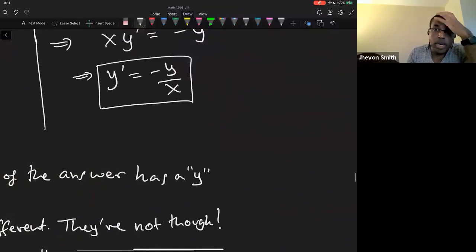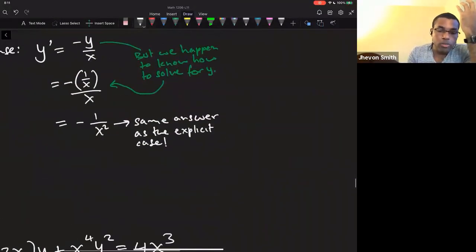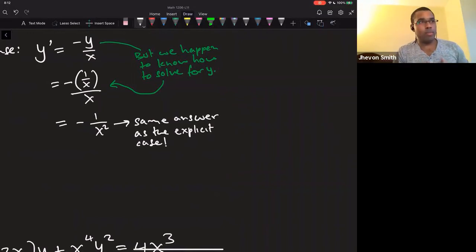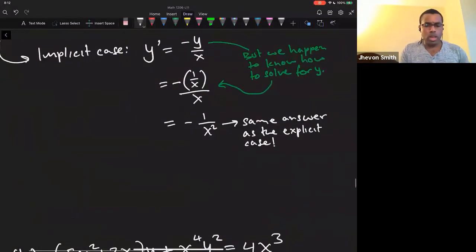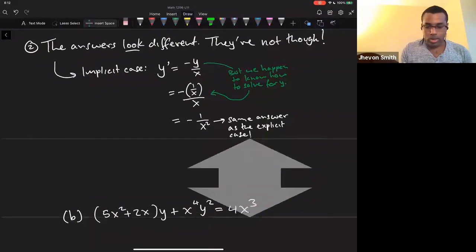So this guy, he looks different. He looks strange, but really, if we know what the y is as a function of x and we plug it in, we would get the same answer all the time that we would have gotten if we were able to avoid implicit differentiation. So yeah, don't worry.